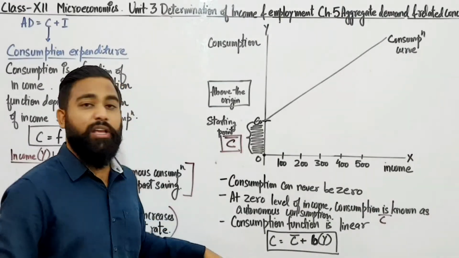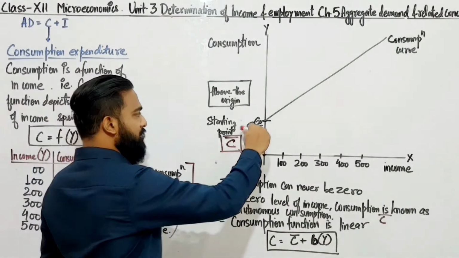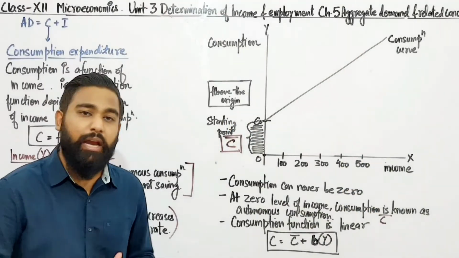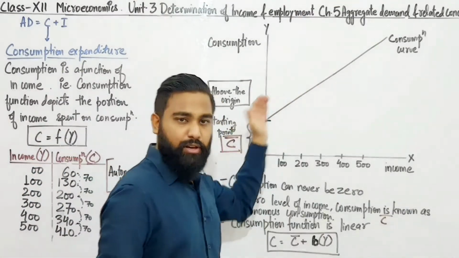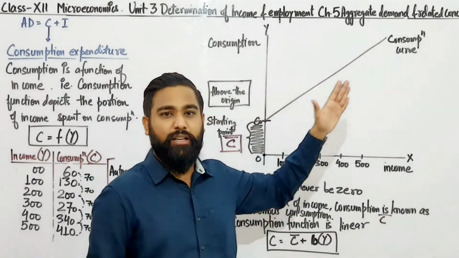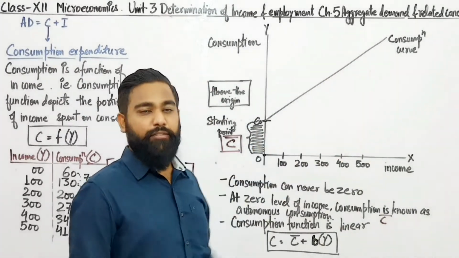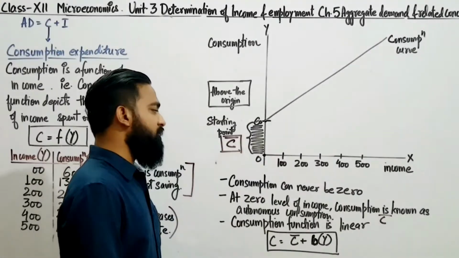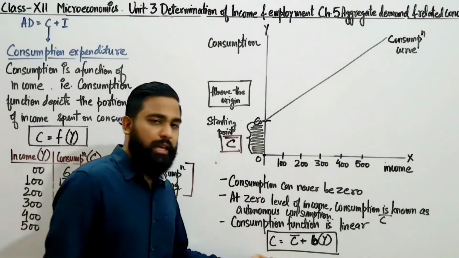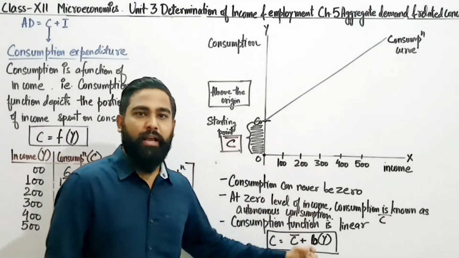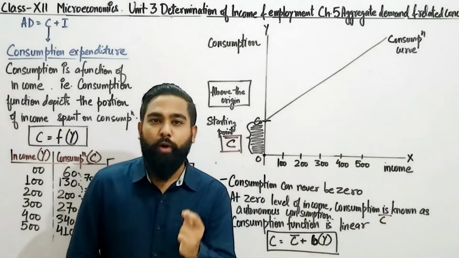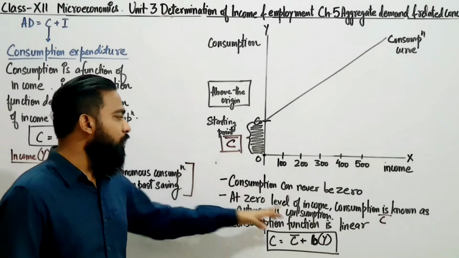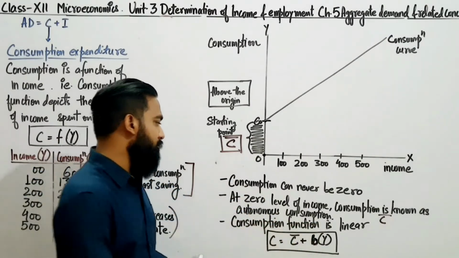And the consumption function is linear, meaning the consumption increases at a constant rate. That's why it's a linear curve. It's not concave, it's not convex, it is linear. Fine. And mathematically, the formula of consumption will be C is equal to C bar plus b into Y. Now C bar is autonomous consumption.